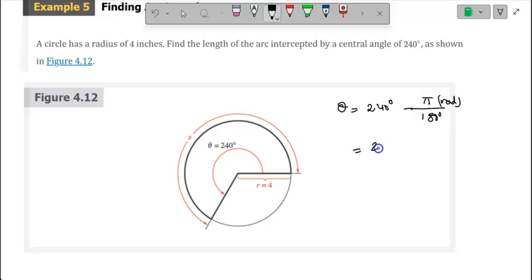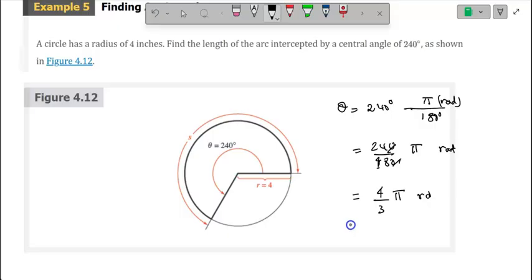So this is going to be 240 divided by 180 times pi in radians. You can cancel out the 0. 24 and 18 have 6 in common. So you're going to get 4 over 3 pi in radians, right?